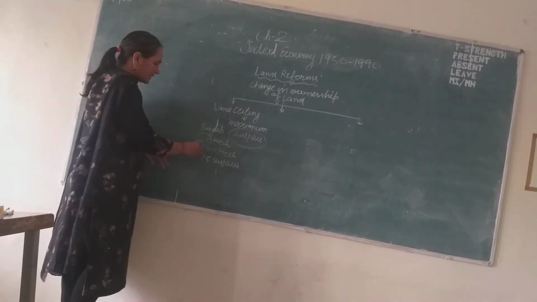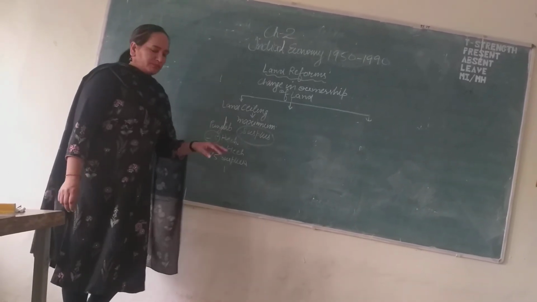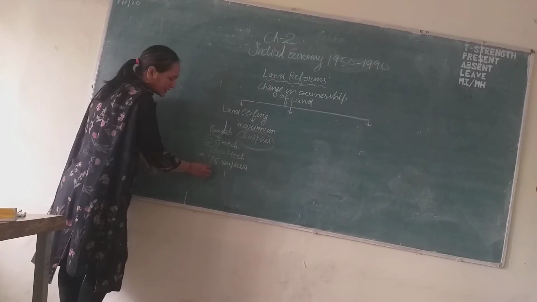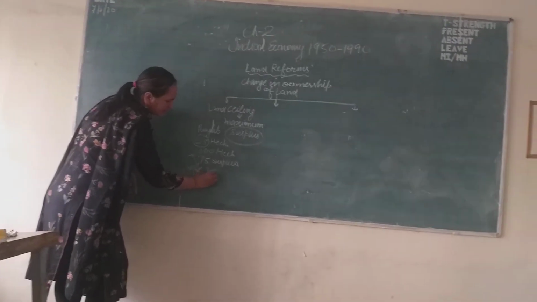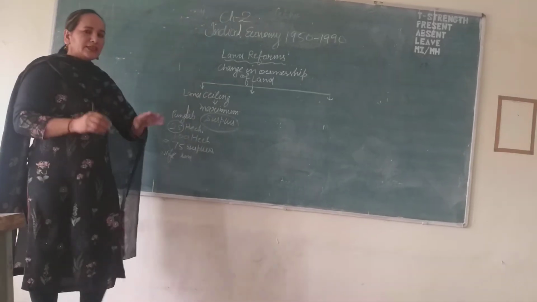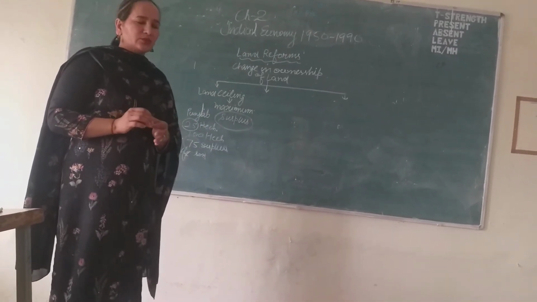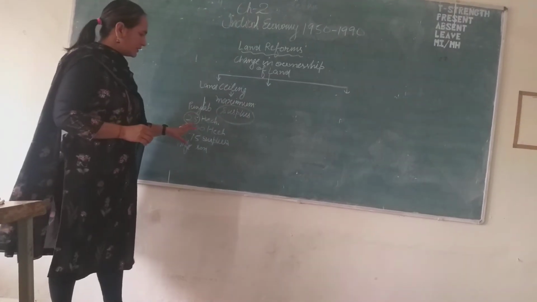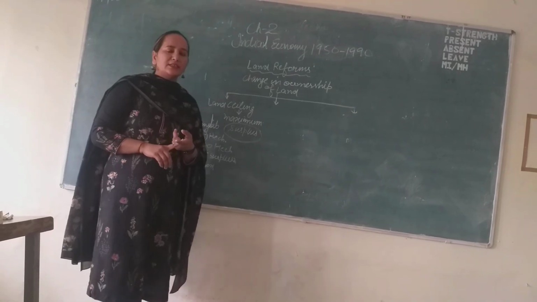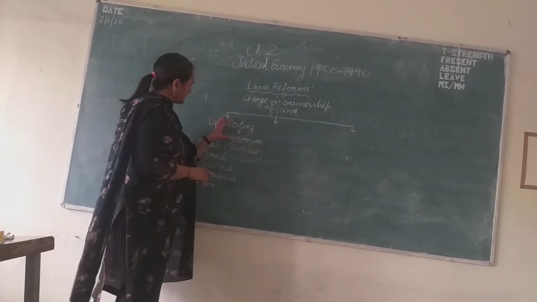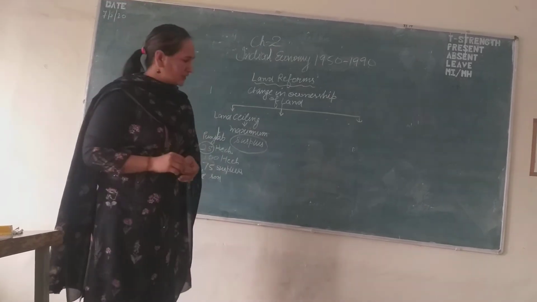But within that time period, the owner transfers this land to near and dear ones, that is wife, son, etc., so that the land stays in the name of the same family. So this was the main drawback. There are only two states, Kerala and West Bengal, where this land ceiling act was successfully implemented.